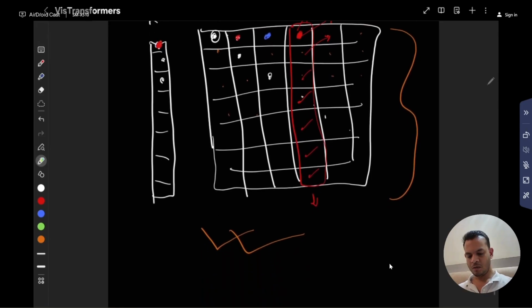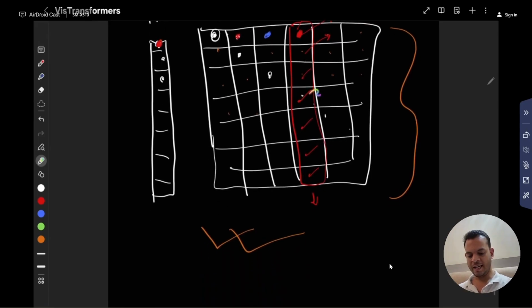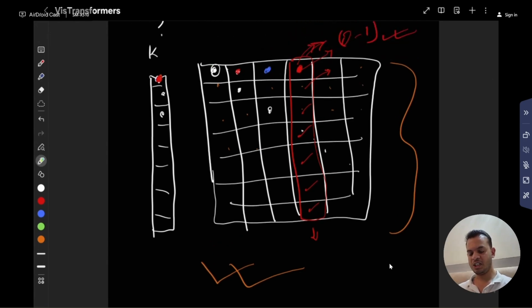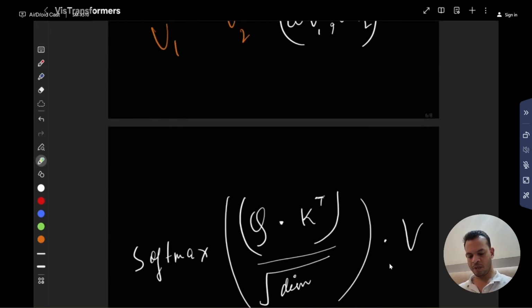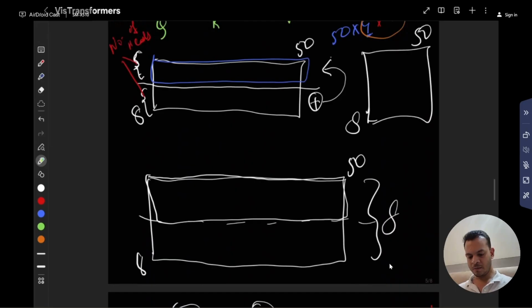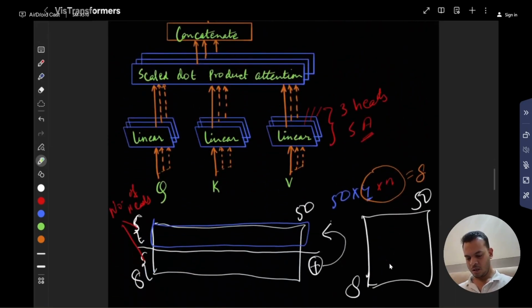So it highlights which is more significant and which is less significant, and that's how the attention works. The one that is more significant, there the attention is higher. So that's how the attention mechanism works here for query, key and value.